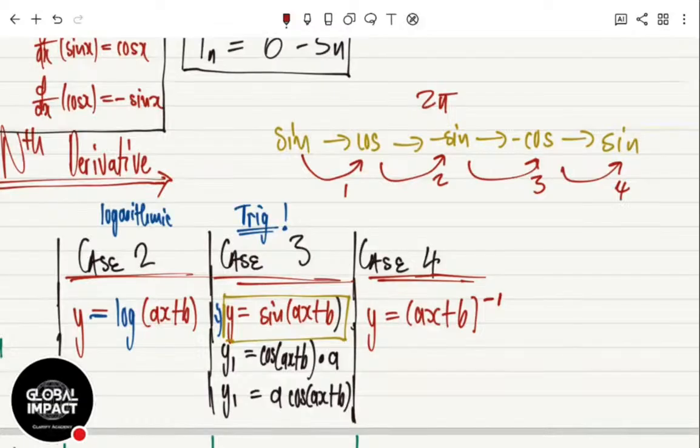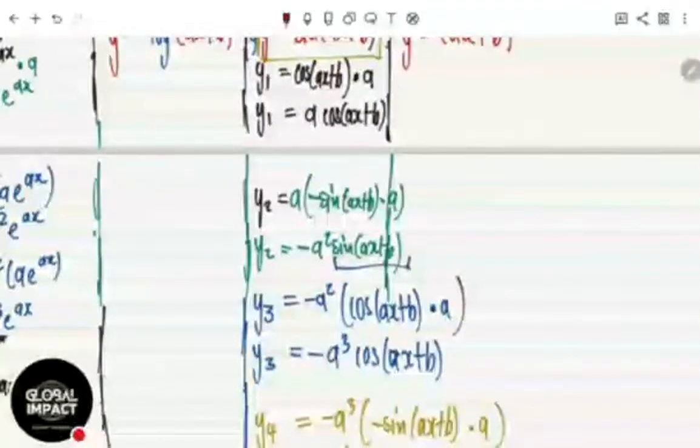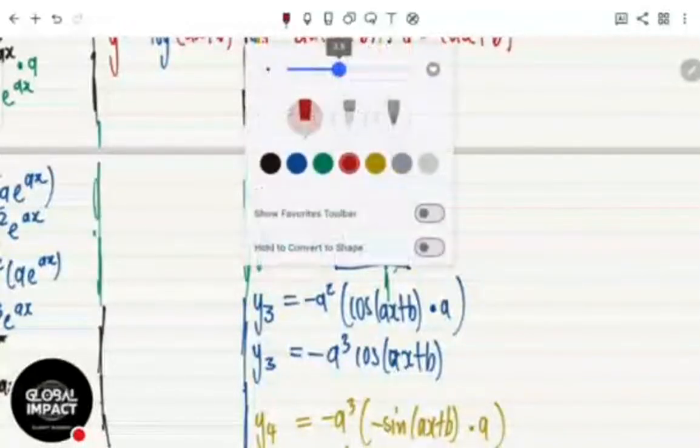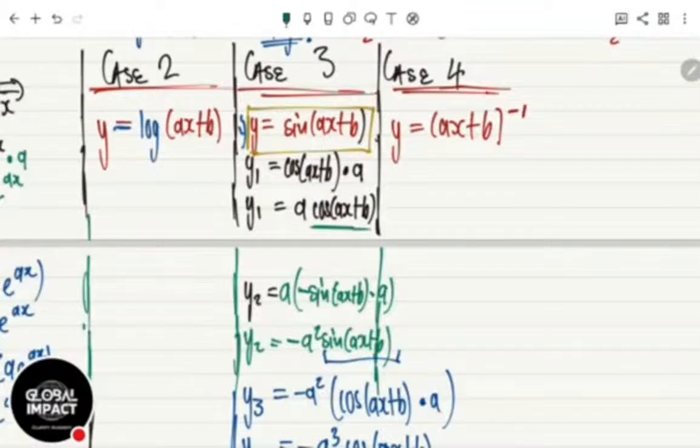So that means every derivative is going to be a pi over 2 shift. So now if I want to find a formula for this derivative of sine ax plus b, I can see that the first derivative will be some cos.